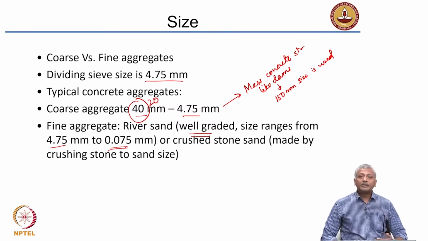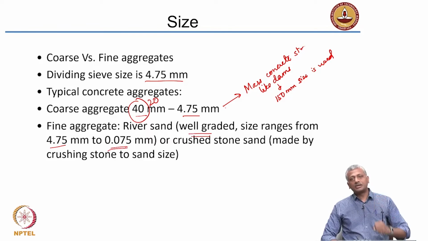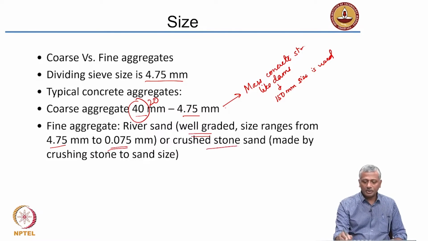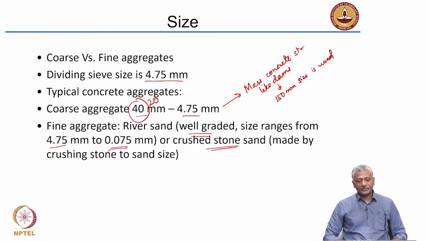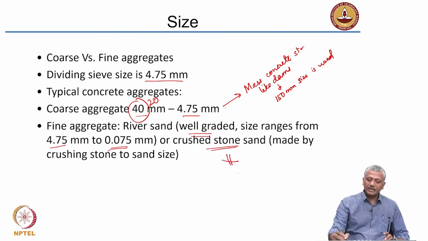You can also obtain fine aggregate by taking the stone and crushing it into a smaller size. You get what is called crushed stone sand. It is made by crushing stone to sand size. But please remember, this crushed stone sand is not equal to manufactured sand.